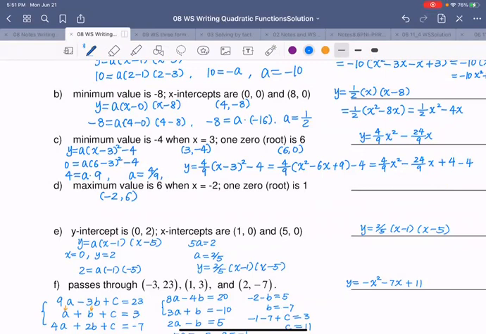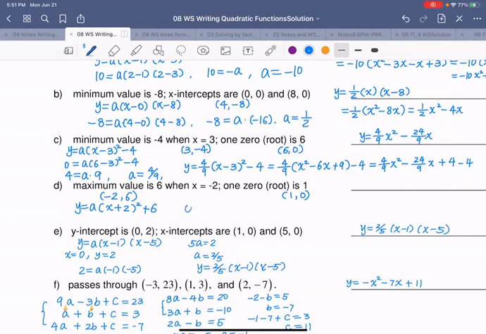Vertex form: y equals a times (x plus 2) squared plus 6. And you have one root, which is 1, which means the point (1, 0). Let's plug in.